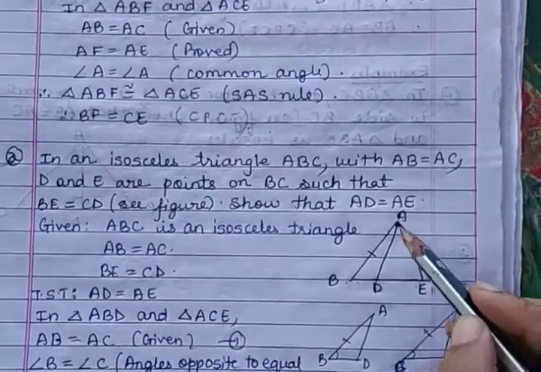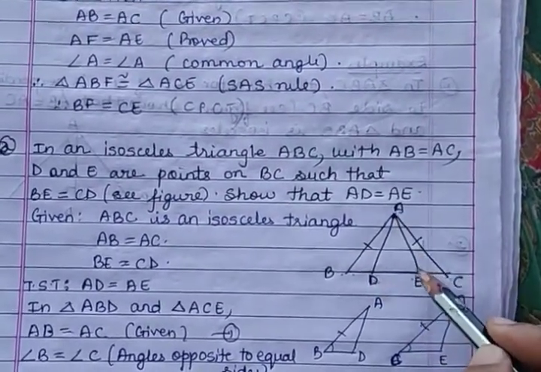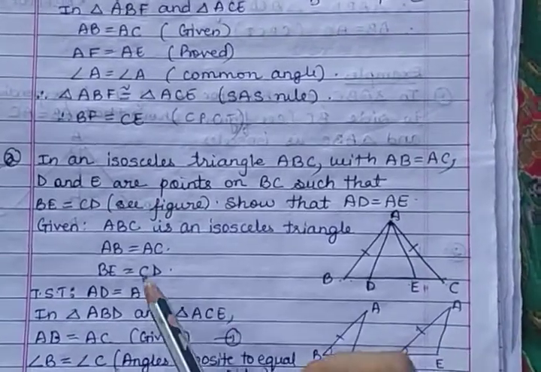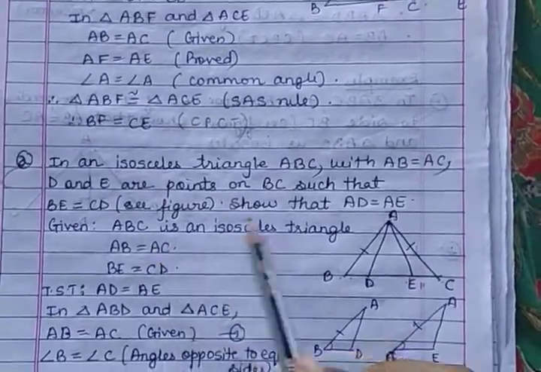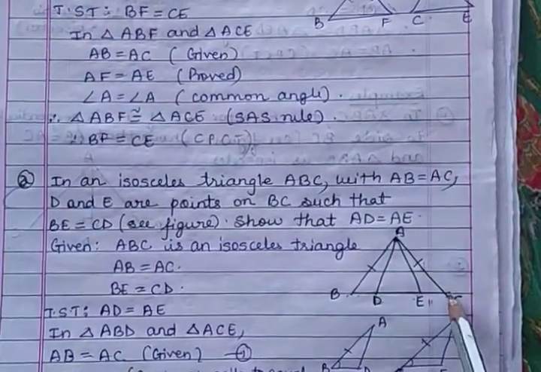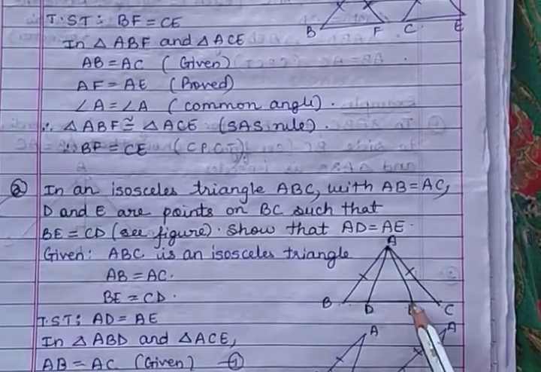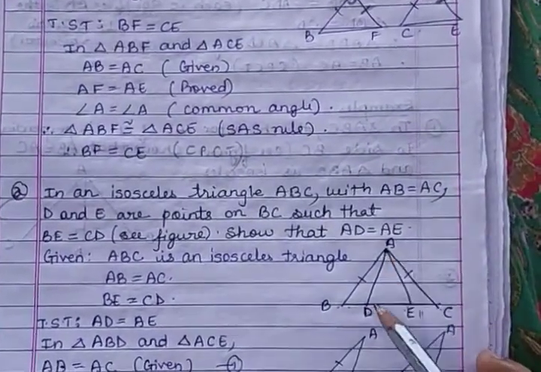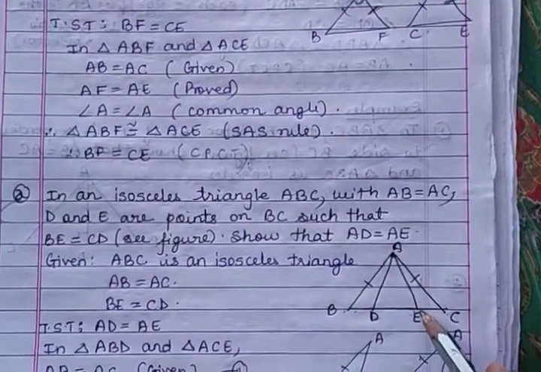You have to show that AD is equal to AE. Let us write down what is given to us. It is given that ABC is an isosceles triangle with AB equal to AC and BE equal to CD. What you have to show here is that AD is equal to AE.